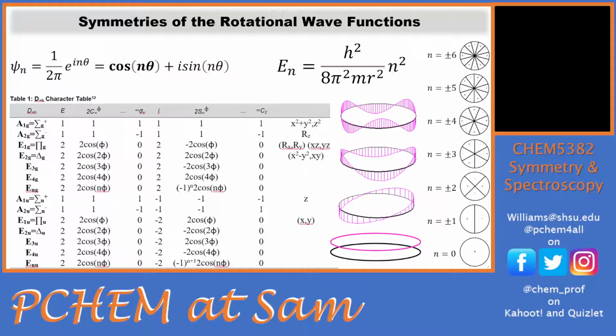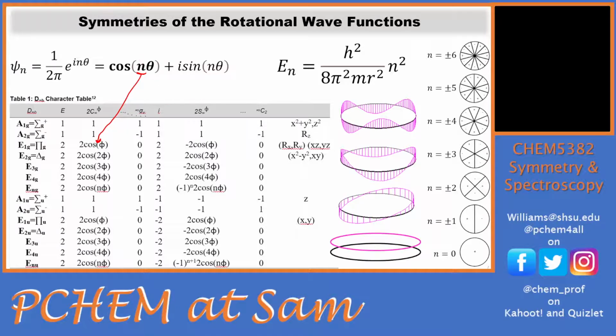Now for our paper, we had to actually expand this table. If you look at the ones that are given, it typically goes to E2g and E2u and doesn't continue on. But we started looking specifically at this particular rotational symmetry column, and we realized that this quantum number here is giving us right there the wave functions, 2, 3, 4, all the way up to n.